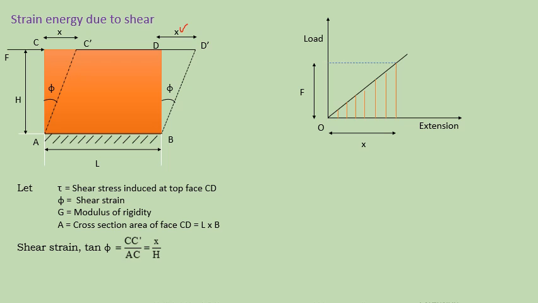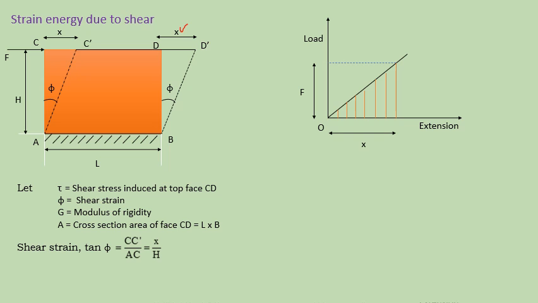From this diagram, shear strain can be determined by considering the triangle ACC dash or BDD dash. If I apply the tan trigonometric rule, tan phi is equal to opposite side by adjacent side. The opposite side is CC dash, the adjacent side is AC.